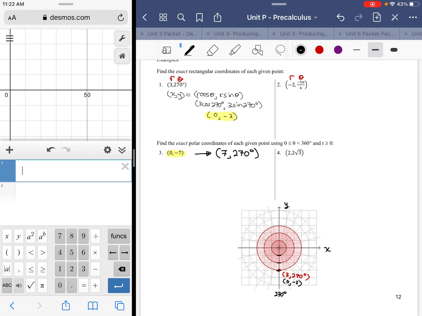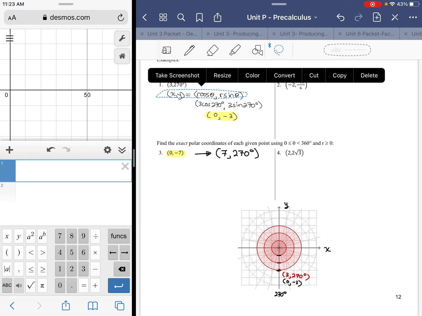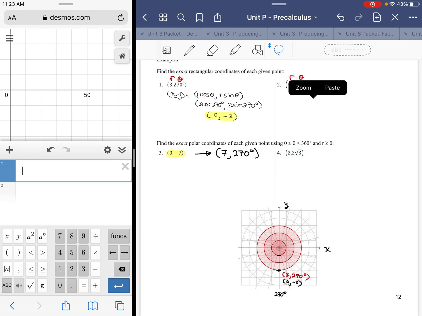I'll show you how to do it algebraically in a minute, but if you see that relationship, that's a good thing. So we're still working off of that same fact for the second example.